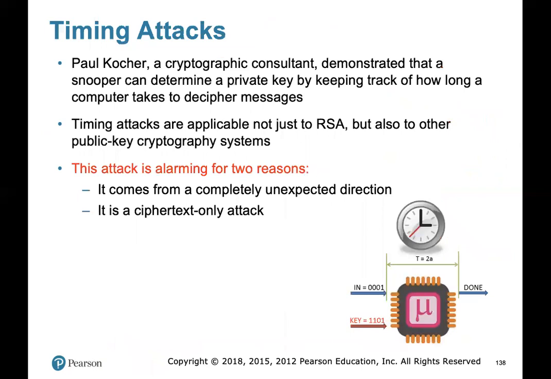Okay, now I'm going to talk about timing attacks. Timing attack is also something that I said I want to talk about. A researcher called Paul Kocher used a totally different kind of information in order to attack RSA. And he showed that RSA can be broken using that information.